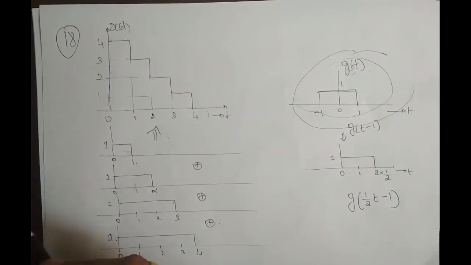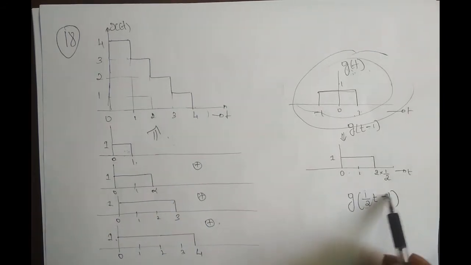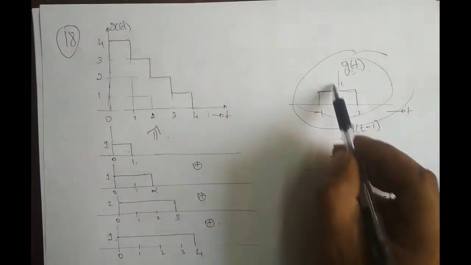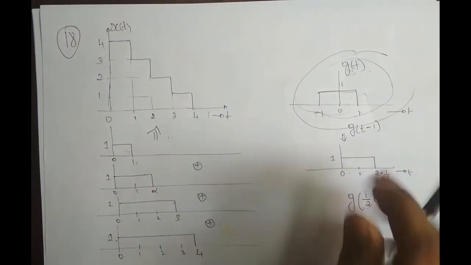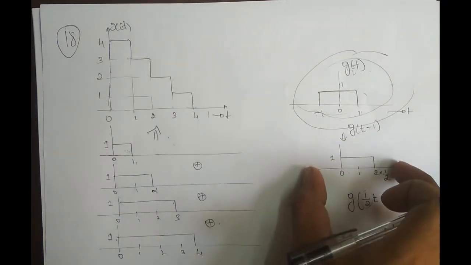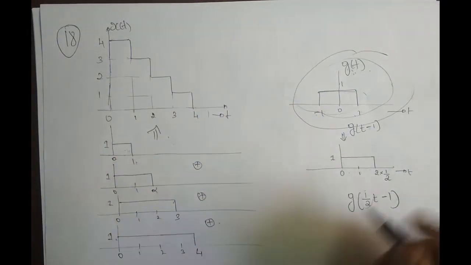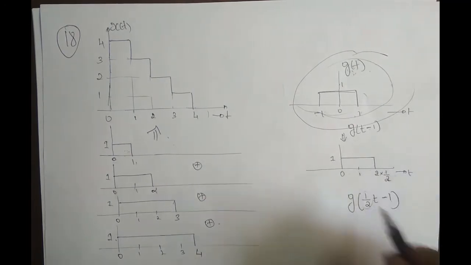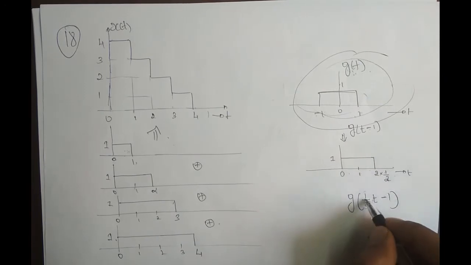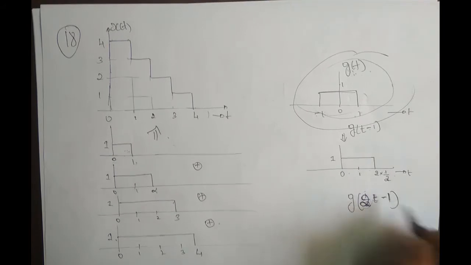Okay, so how did I do that? First I shifted it, because it involves the precedence rule. I shifted it right one time, right? This was my g of t, I shifted it right by one. Next, for this intermediate signal, I time scaled it by multiplying by 1 by 2. So why 1 by 2? I'm sorry, since I multiplied by 1 by 2 here, this has to be 2. So I missed that.